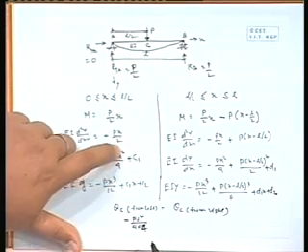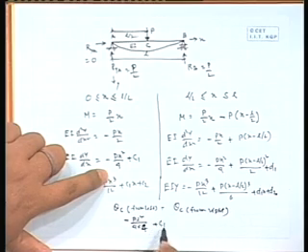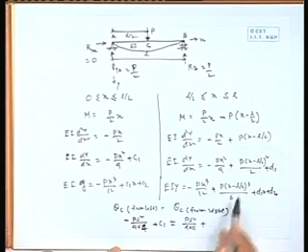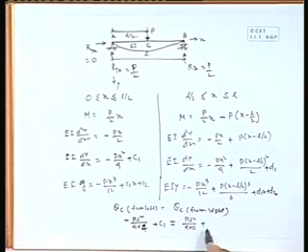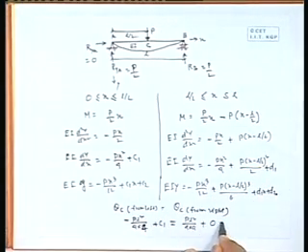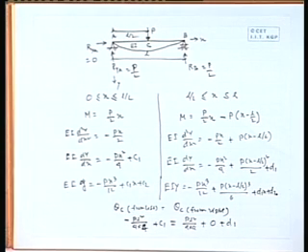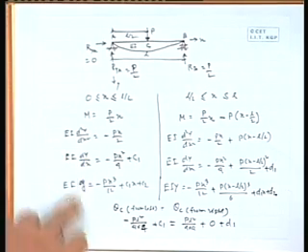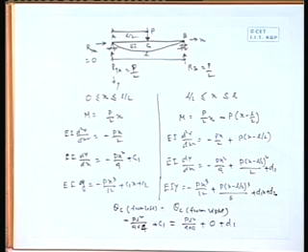So it will be L by 2 means 2 to 4, plus C1, that should be equal to, here it will be again P L square divided by 4 into 4, plus this quantity will be how much? This quantity incidentally will be equal to 0, okay, because x equal to L by 2, L by 2 minus L by 2 is 0, plus D1. Okay. But that should be divided by your EI, because this is slope into EI, both sides will be divided by EI. So you can cancel it.